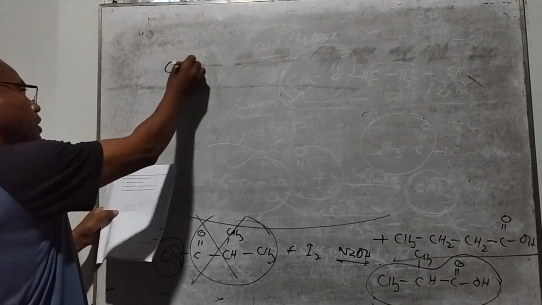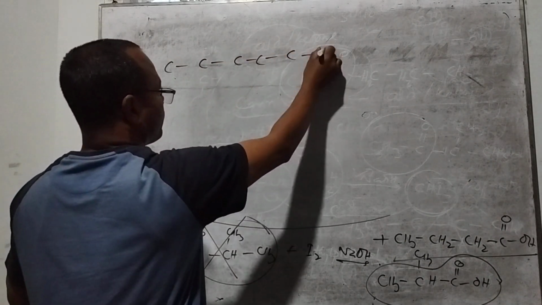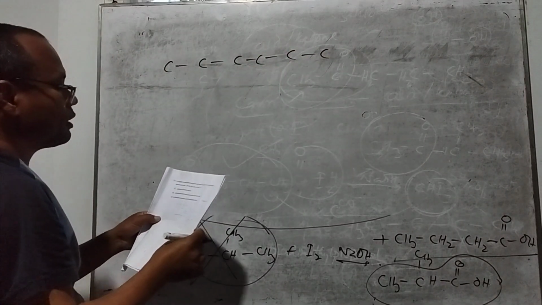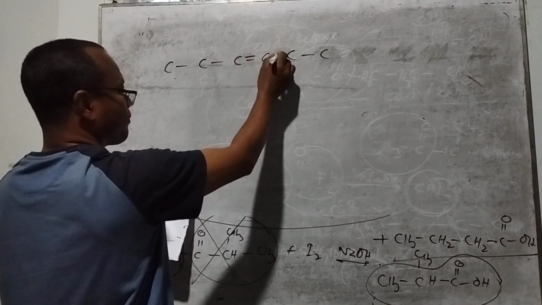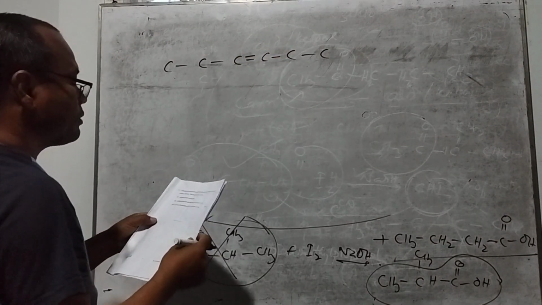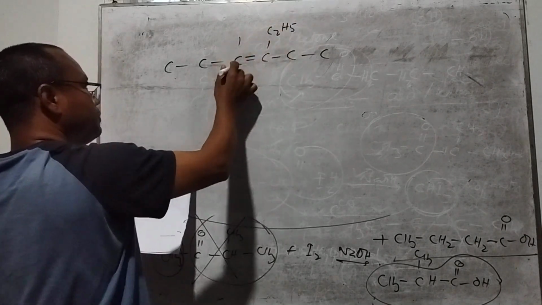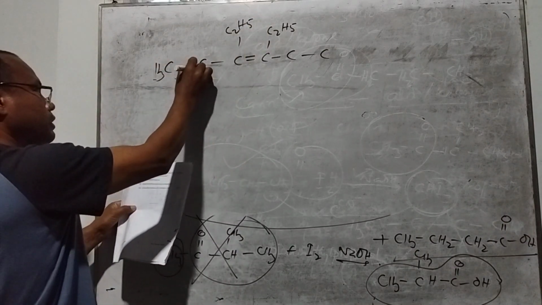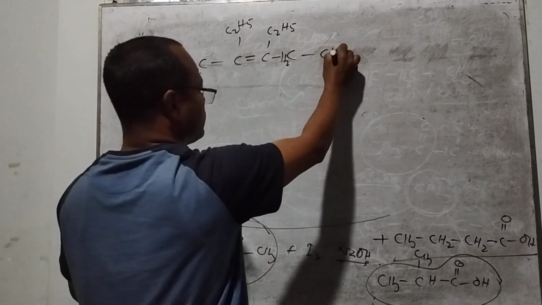Hex means 6 carbons: 1, 2, 3, 4, 5, 6. Where is the double bond present? At the 3 position. Then add the ethyl groups, C2H5 at 3 and C2H5 at 4. So here I write CH3, CH2, no hydrogen, CH2, CH3.